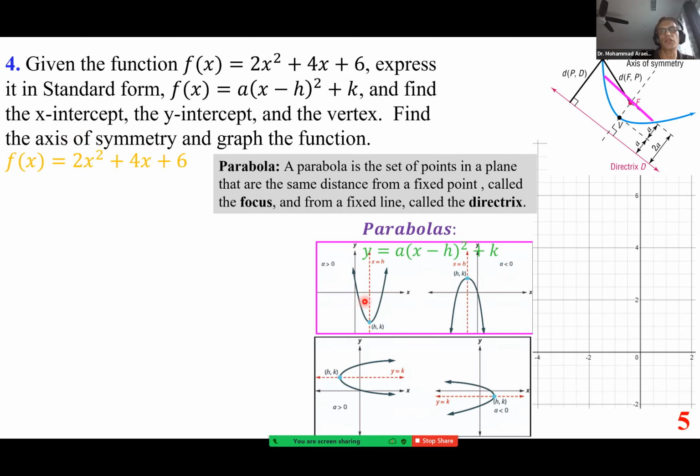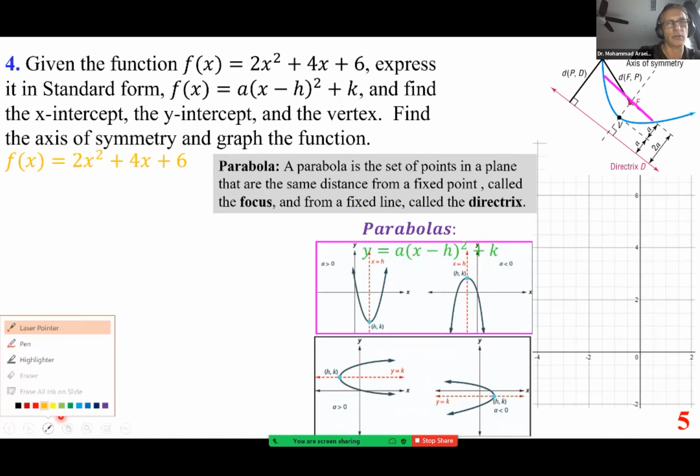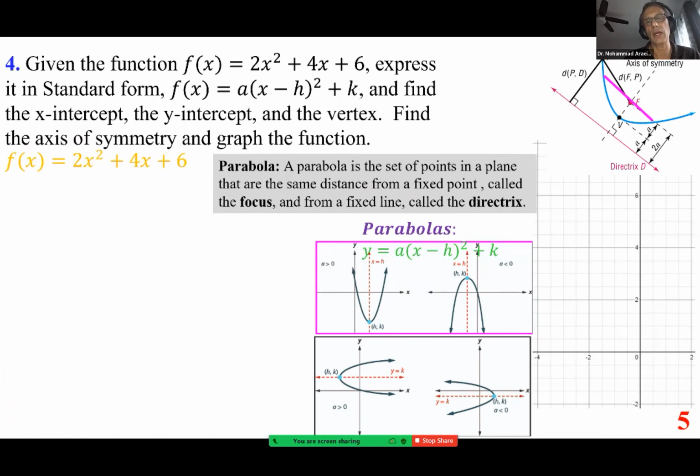By the way, the general formula when it opens up is y equals a times x minus h quantity squared plus k, or ax squared plus bx plus c. And we also have it sideways. Let me also write this one for you. Let me write a couple of formulas. For this one, also you have y equals ax squared plus bx plus c.